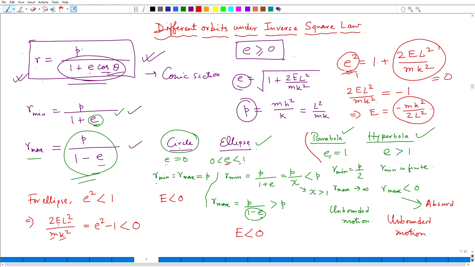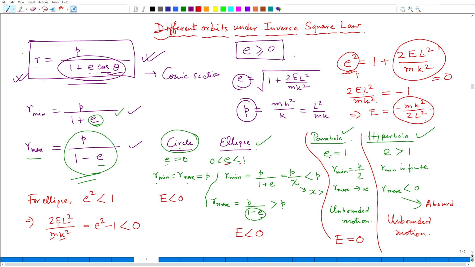So for a parabolic orbit, the interesting thing is the total mechanical energy always vanishes. Okay. A parabolic orbit has vanishing total mechanical energy only when we are considering an attractive inverse square law. Okay. For other laws there can be different situations and different conclusions.